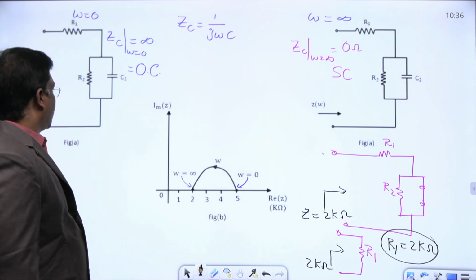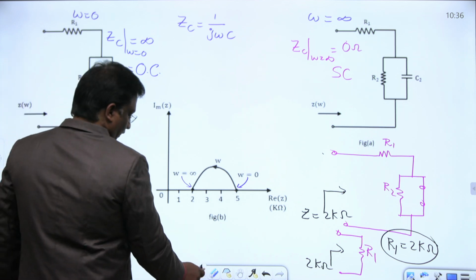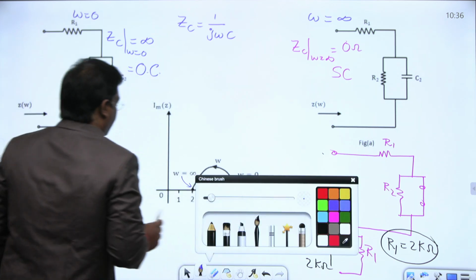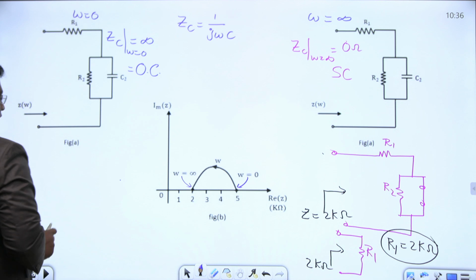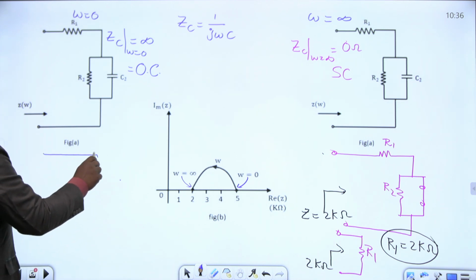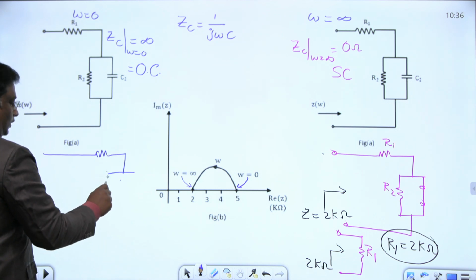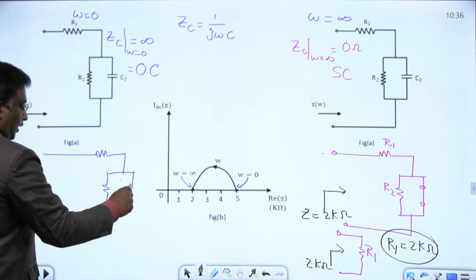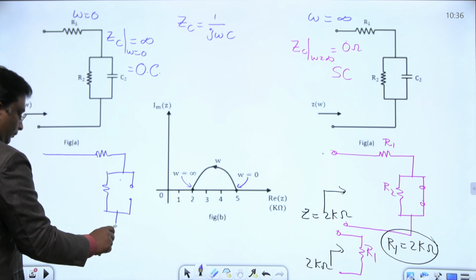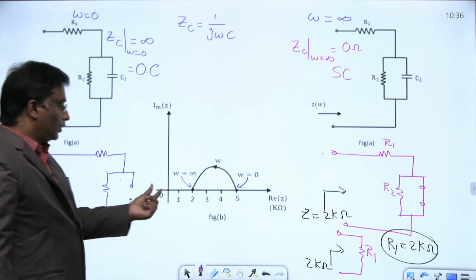Similarly, at omega equal to 0, the capacitor behaves like an open circuit. This is your resistor R1, this is your resistor R2, and this capacitor behaves like an open circuit. What is the impedance given at omega equal to 0?